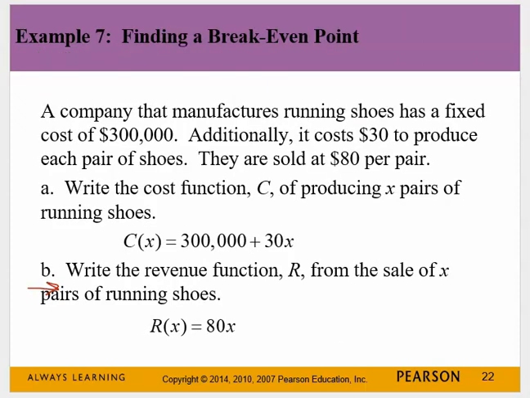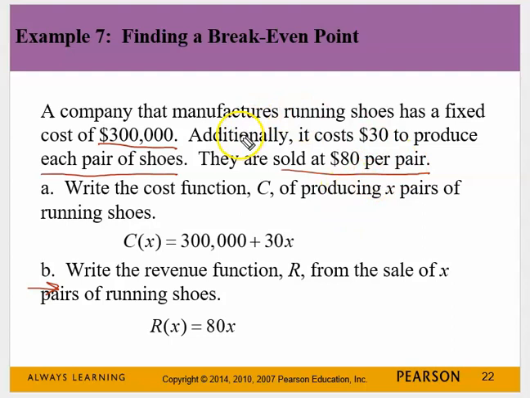Now, for our last few examples, we're going to look at what is called the break-even point. Here, a company that manufactures running shoes has fixed costs of $300,000. Additionally, it costs $30 to produce each pair of shoes, for materials, electricity, manpower, and the shoes are sold for $80 a pair.